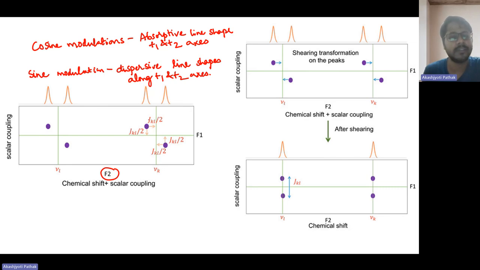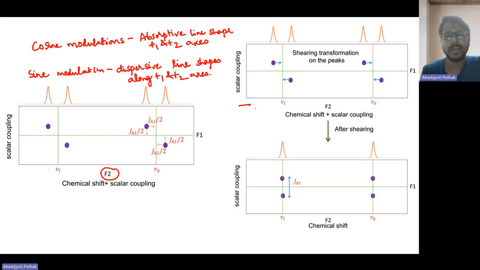What we want then requires a magnitude mode calculation of the spectra, and these calculations can be extended to a multi-spin system.